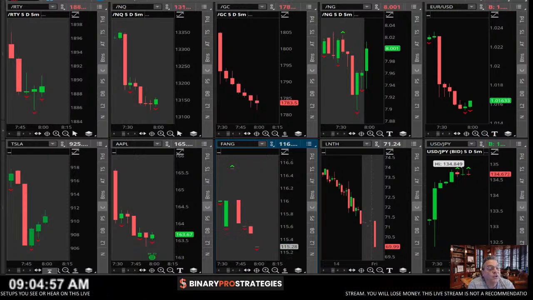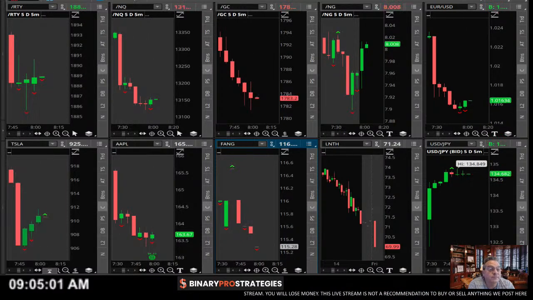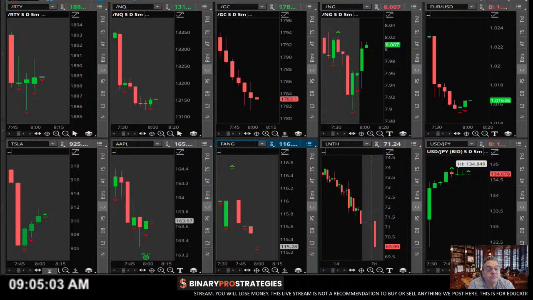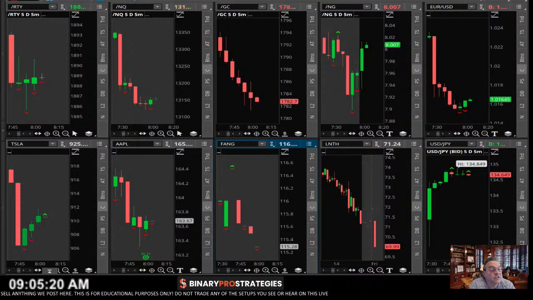I am watching Euro US, possible short coming up on this double carrot. It's going to put me at a 1.0167 short on the Euro US.